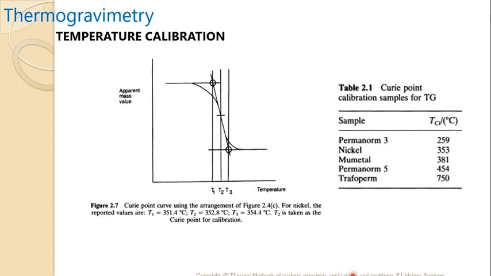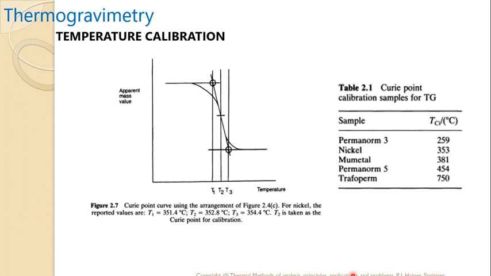This is the plot for temperature calibration, plotted as mass against temperature. Here we have used various kinds of samples which have magnetic nature. The magnetic material is placed in the sample holder and a magnet is placed below the sample. The magnetic force on the sample will cause an apparent increase in the mass.